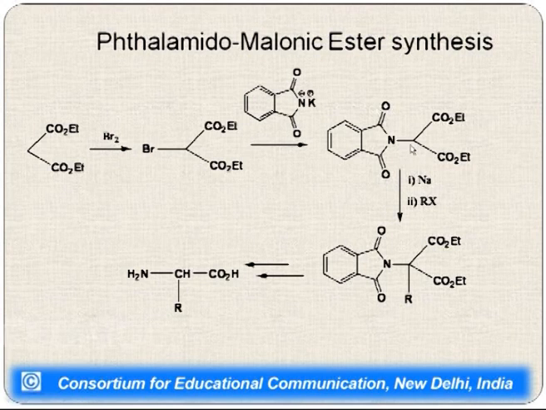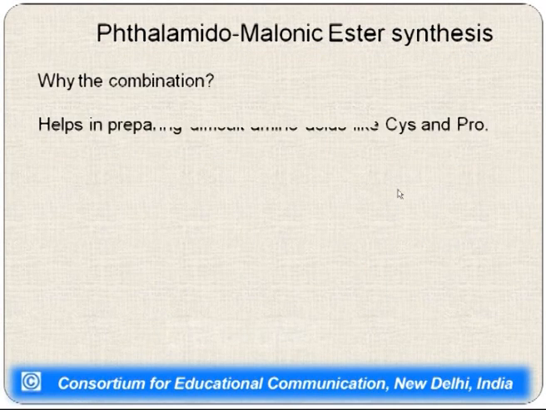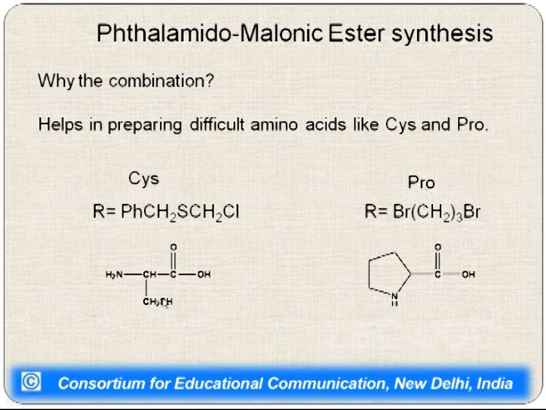When we attack it here, we get the CH2SCH2Ph, and by using certain reactions which I am not going into, we remove this benzyl group and we get the cysteine molecule. So, this type of molecule required this approach. It was given in the literature, maybe a high yielding process, an easy process, with fewer side products. So, these may be the reasons for using the combination.